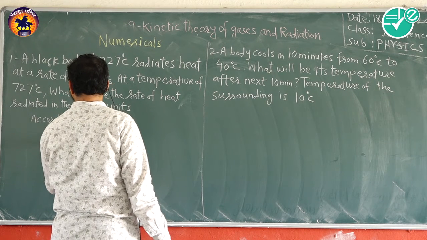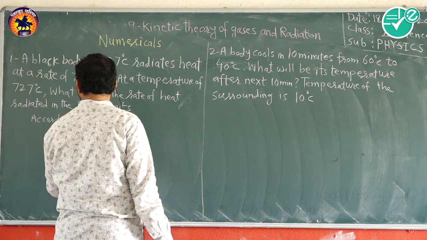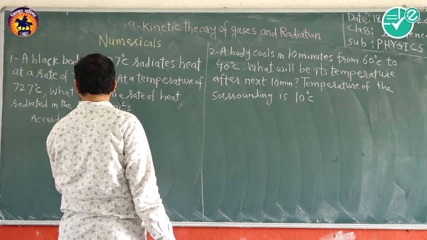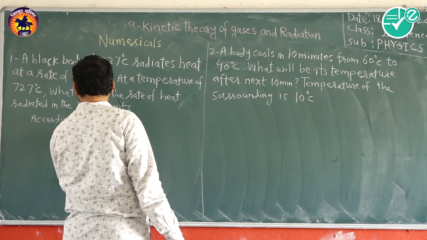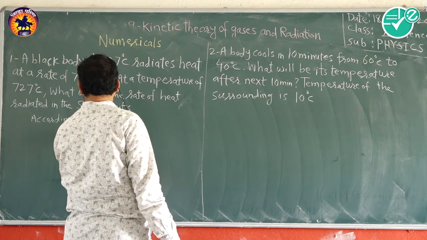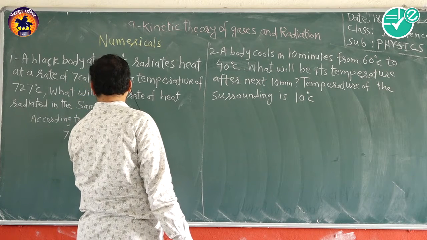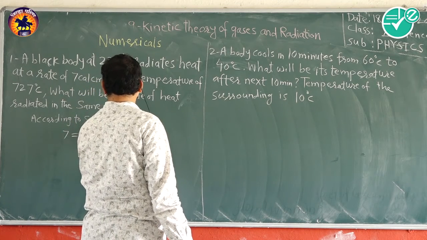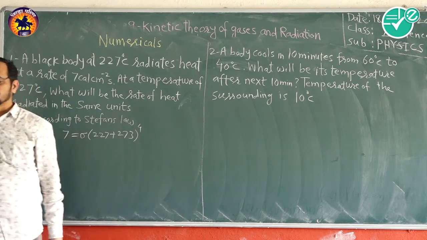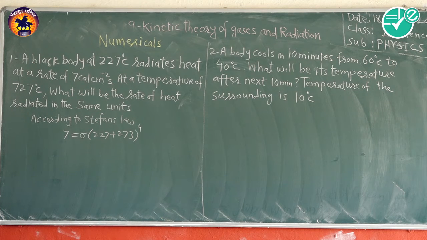Here we can write 7 is equal to sigma into (227 plus 273) to the power 4. This will be the first equation.